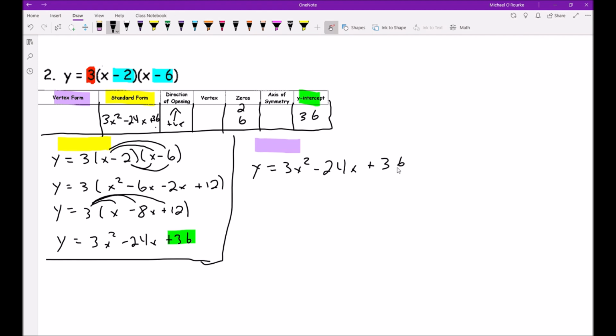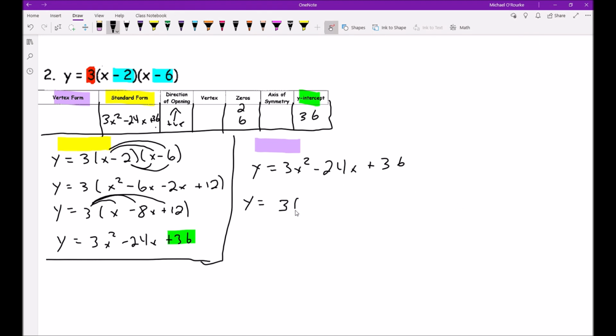Now we're going to go to vertex from standard form. We're going to complete the square to go to vertex. So what's the first thing I have to do here? What do I need to take out of this equation to make it a little bit easier for me? Take the 3 out, good.